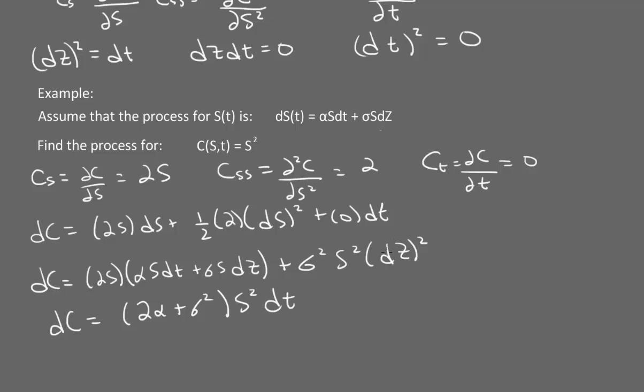Now you'll note that dZ squared is equal to dt, so this part comes over to here, plus 2 sigma S squared dZ. So the process for S squared is (2 alpha plus sigma squared) S squared dt plus 2 sigma S squared dZ. This concludes the video on introductory concepts of financial economics.